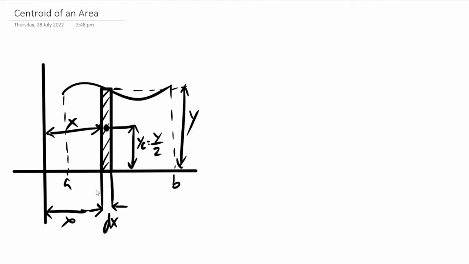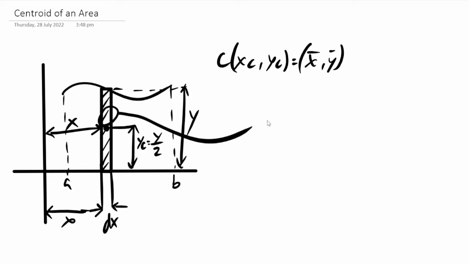So what we're looking for is, just like before, the centroid xc and yc, that is equal to x bar and y bar. Okay, so if we're looking for the yc, first let's bring out the strip here.